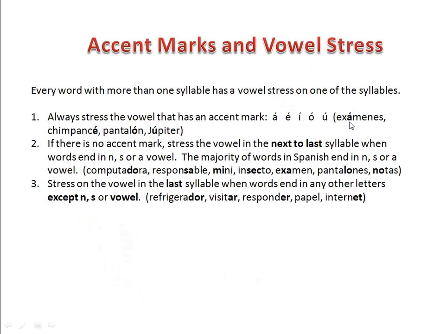stress. For example, exámenes. And I'm enunciating a little extra just so you can hear it. Exámenes, exámenes. Chimpancé, pantalón, Júpiter. If there is no accent mark, stress the vowel in the next to the last syllable when words end in N, S, or a vowel.